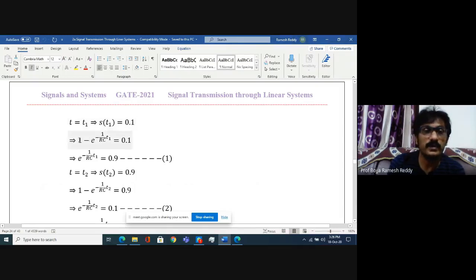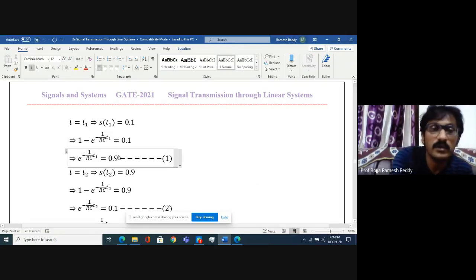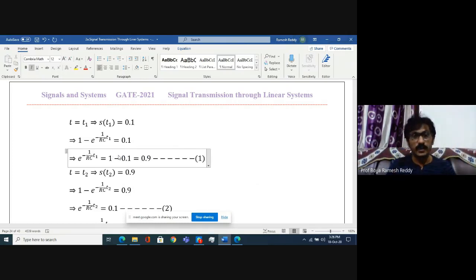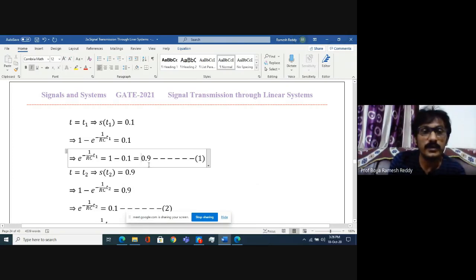What is S of t? 1 minus e power minus 1 by RC into t. At t equal to T1 it is equal to 0.1. Now calculate T1 here. e power minus 1 by RC T1 is equal to 1 minus 0.1, that is 0.9.